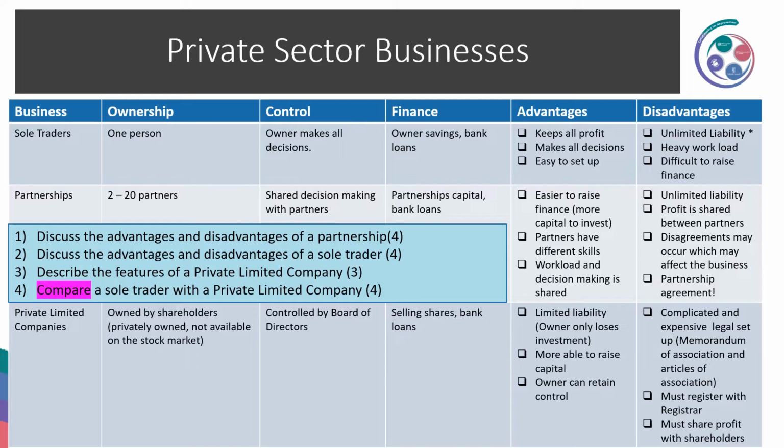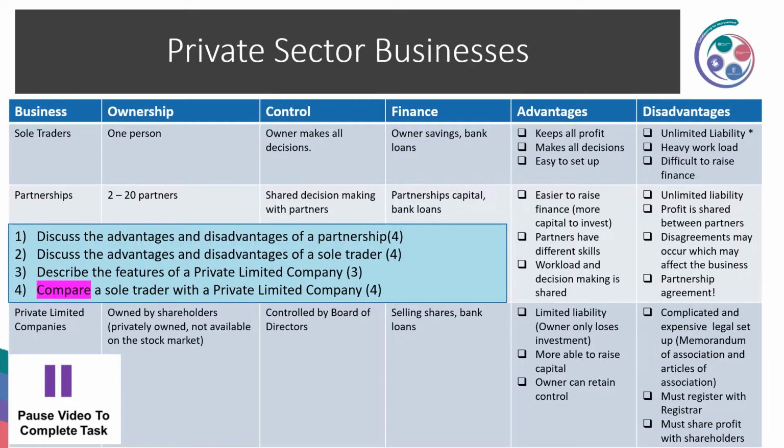You might be asked to describe the features of a private limited company, in which you could answer about the ownership, control, finance of a private limited company. But because it's features, you may also add in advantages and disadvantages.